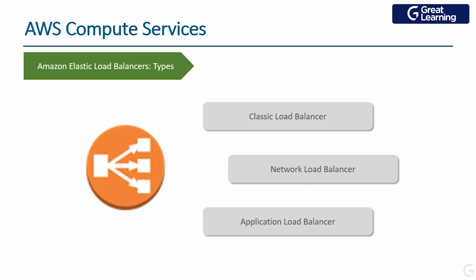In computer networking, we have different layers, right, where your resources or your data reside. Load balancers that operate in the network layer are called network load balancers, and the ones that fall under the application layer are called application load balancers. We should not get into the details of this, but these are some of the types that AWS has to offer to you.